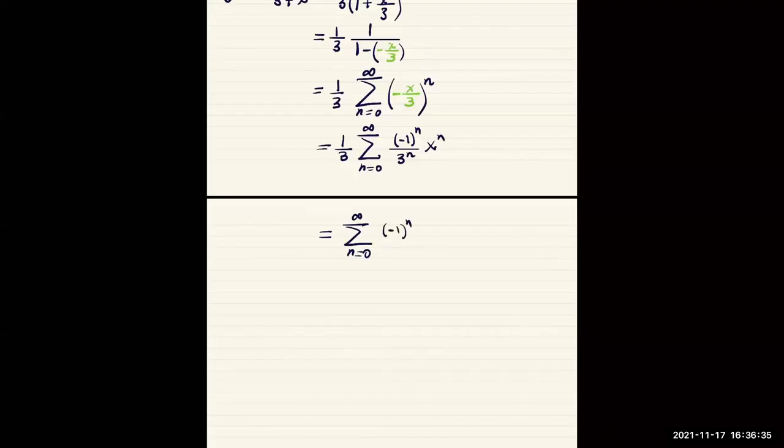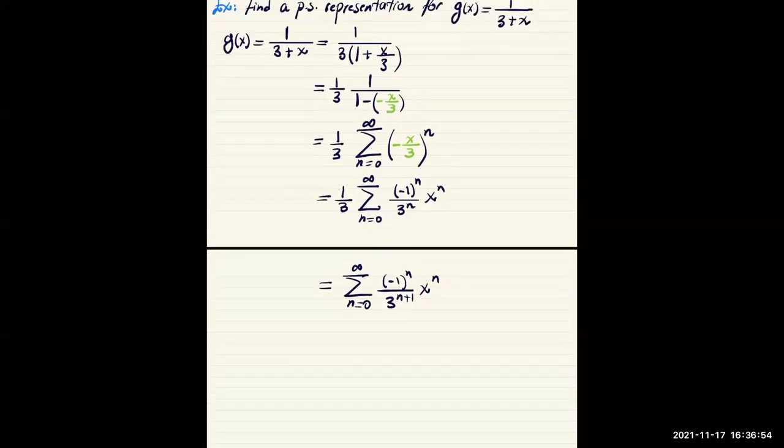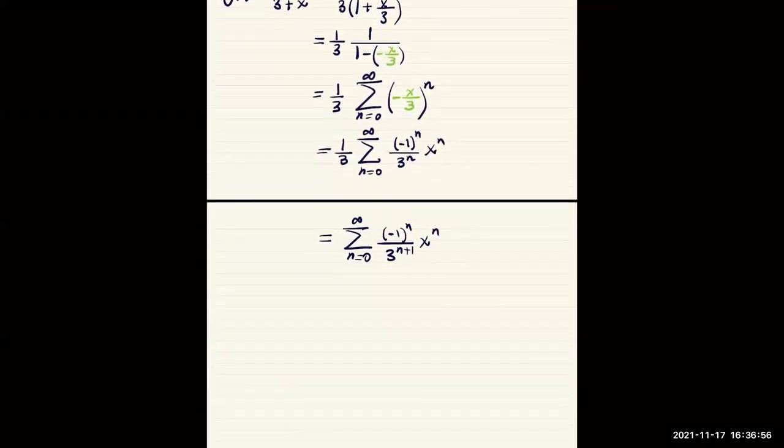So negative 1 to the n over 3 to the n plus 1 times x to the n. And now we have the coefficients. The coefficients are given by this nth term. This is again the variable term, and the center is 0. So this is a representation for 1 over 3 plus x.